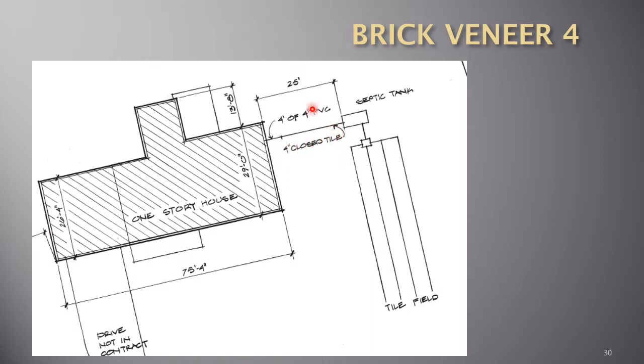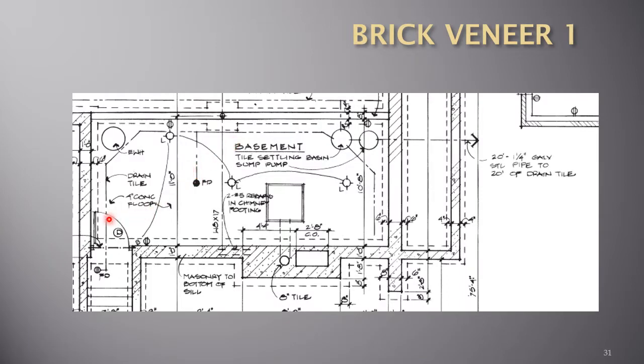A closed tile, 4 feet of 4-inch PVC connecting to the septic tank from the building. And we can see that drain tile surrounds the basement and goes into a settling basin and then into a sump pump.